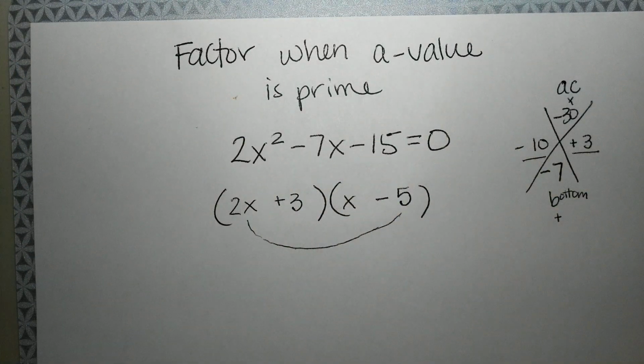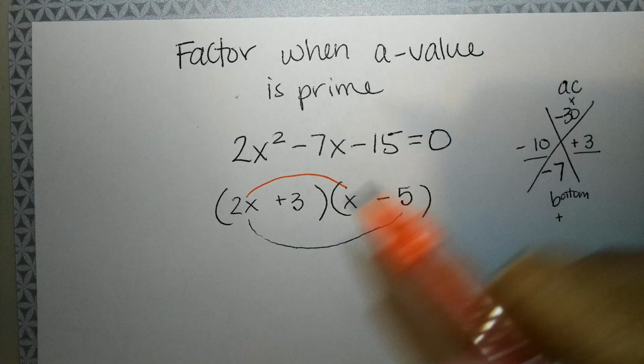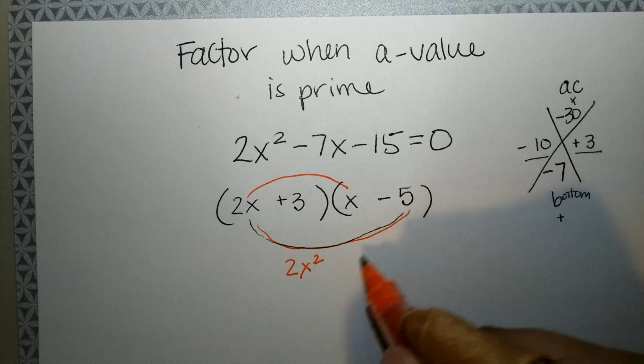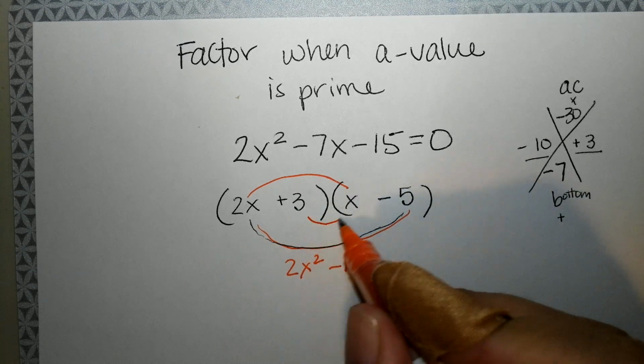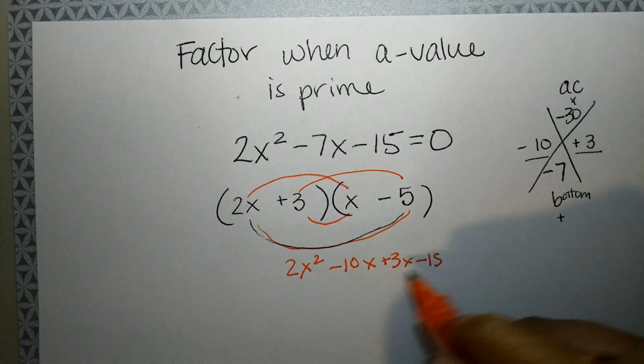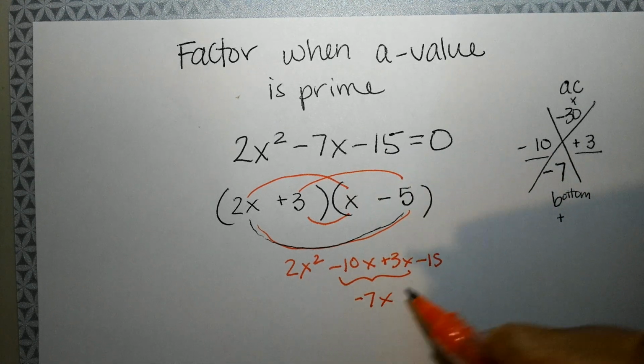And to double check our work, we've got 2x squared, we have our negative 10x, positive 3x, and then negative 15. And remember, this gives us our negative 7x.